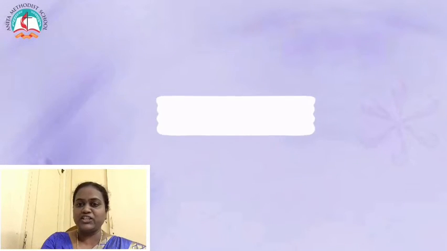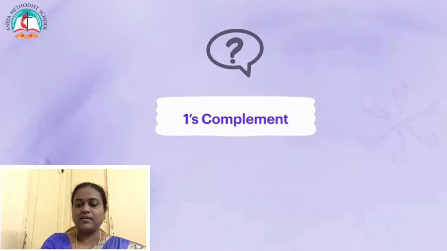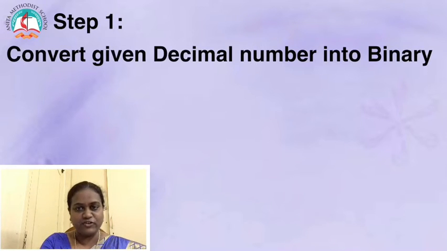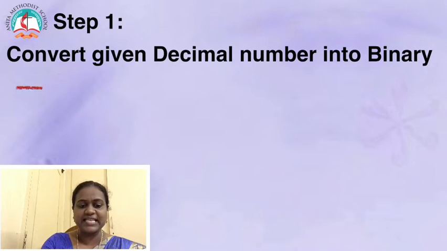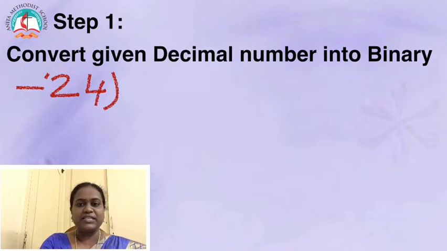Next, we are moving into ones complement. What is ones complement? Let's look into it. Step 1. First, we have to convert the given decimal number into binary. Let's look into an example. For decimal number 24, I have to convert it into its equivalent binary value.